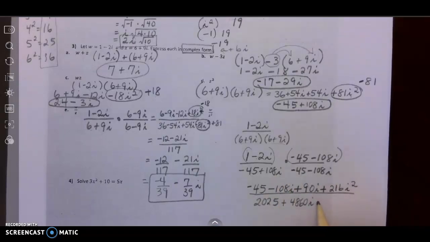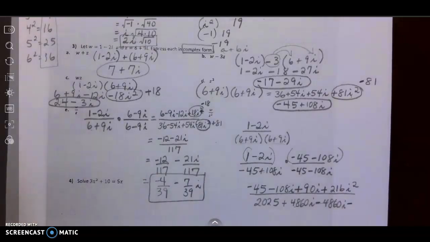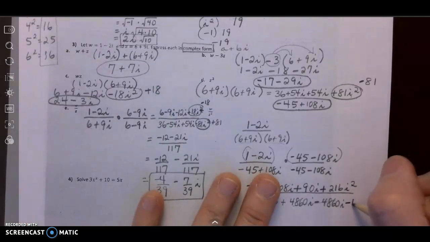Inner terms, I'm going to get negative 4,860i. They cancel. That's what I wanted. And then a negative, positive times a negative is a negative. Let's see what 108 times 108 is. 11664.